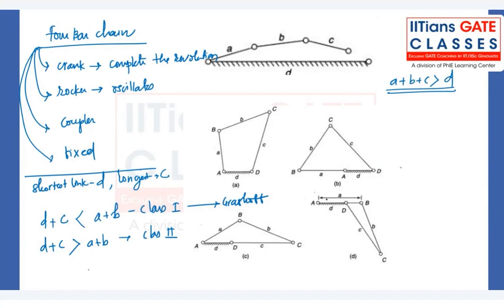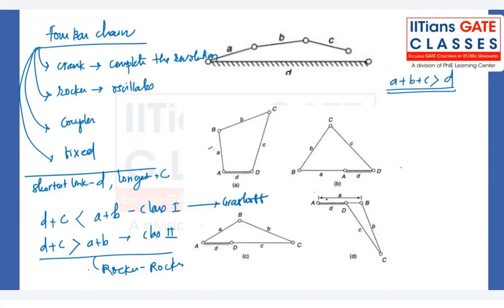Okay, and whenever we have this kind of situation, where the length of shortest plus largest is greater than the other two, in that case we cannot have a rotating link, and so you will get a rocker mechanism. Basically these two links will just oscillate.